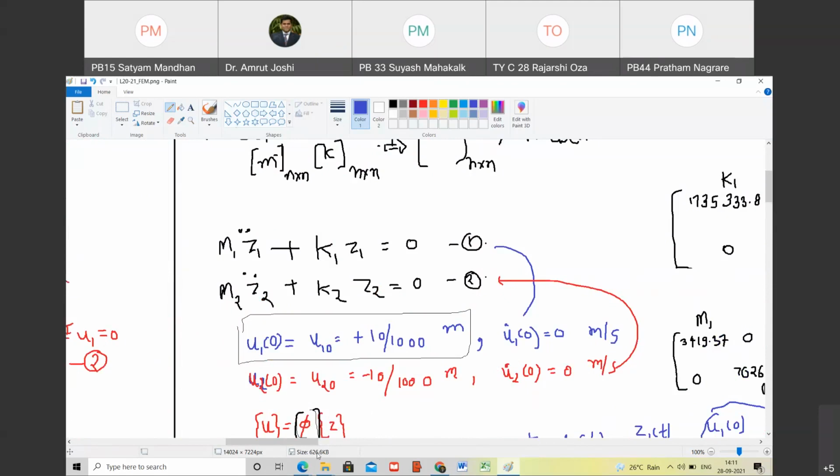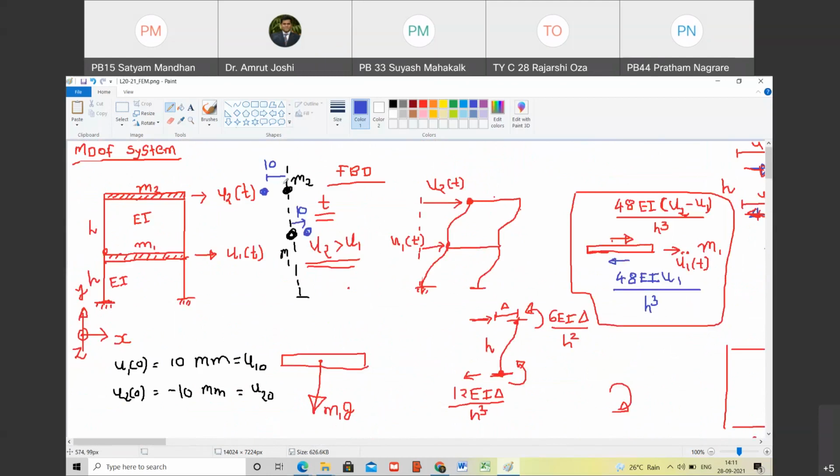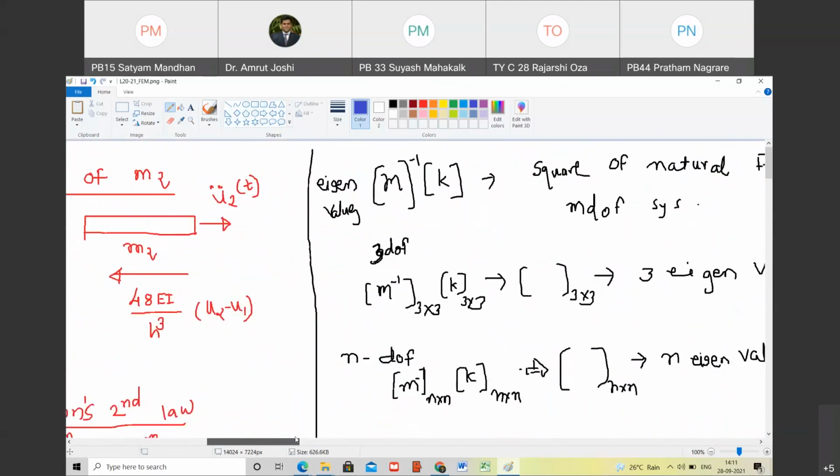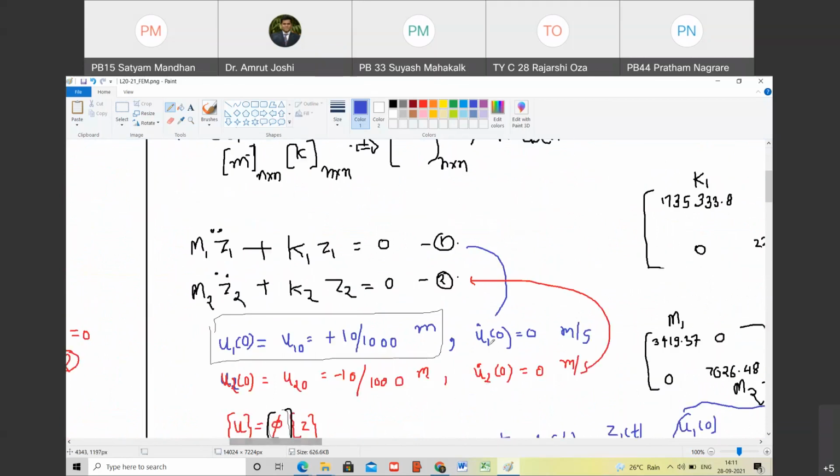Yes, sir. Now, just look at the original problem. Here, though both the masses were displaced from their mean position, they were not carrying any velocity at time instant t equal to 0. Do you agree with me? Yes, sir. So the second boundary condition in terms of u1 and u2 is this: u1 dot of 0 is 0 and u2 dot of 0 is 0.